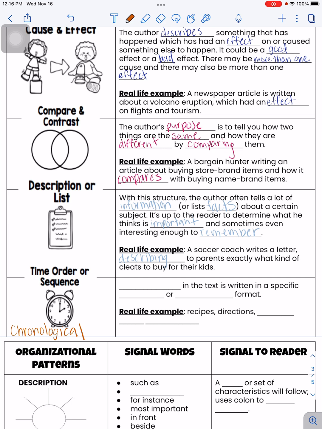So with time, order, or sequence, or chronological, information in the text is written in a specific order or timeline format. So some real life examples would be recipes, directions, or events in history. All of those would be examples of time, order, or sequence, or chronological.